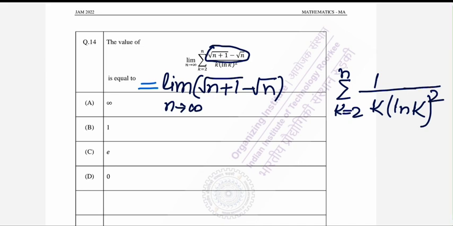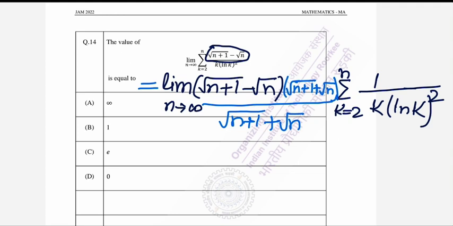Okay, now you see I have a space here, and here I type the same but with opposite sign: root n plus 1 plus root n, divided by the same thing, that is root n plus 1 plus root n.